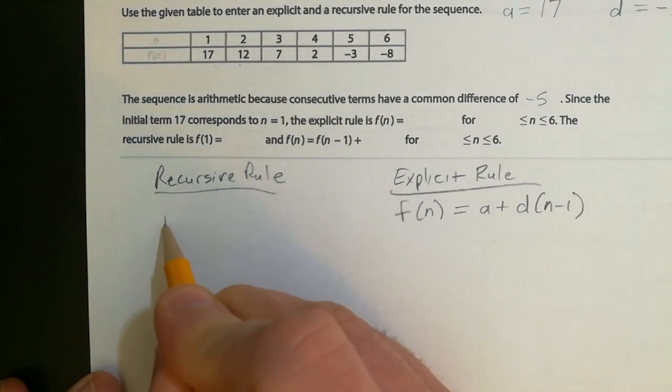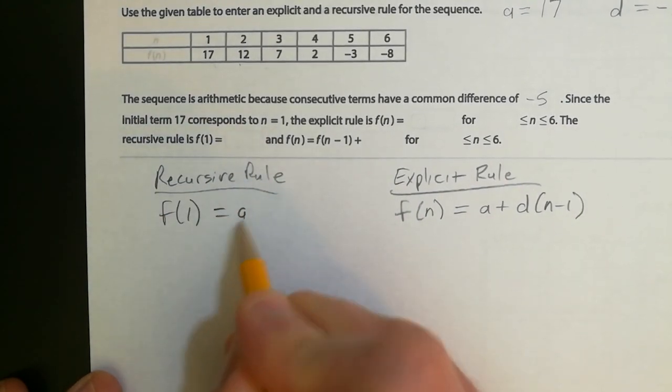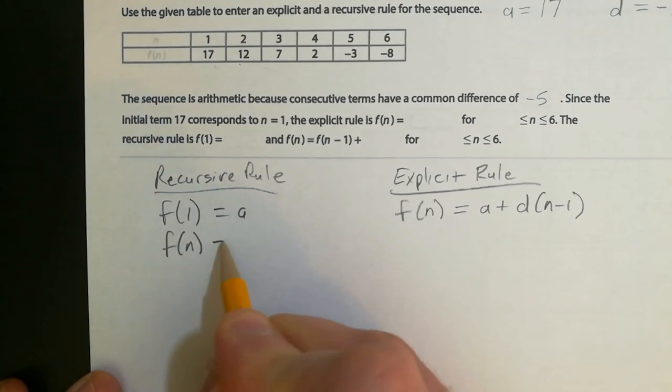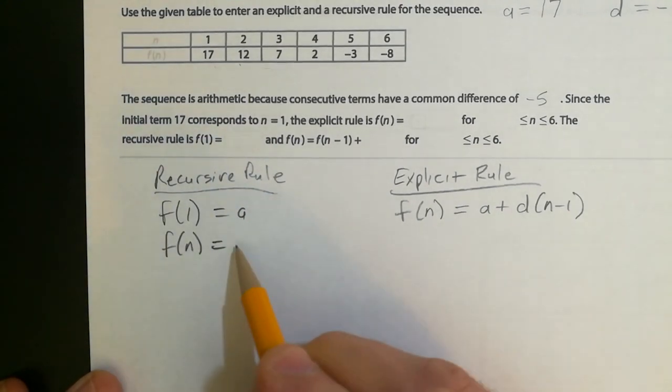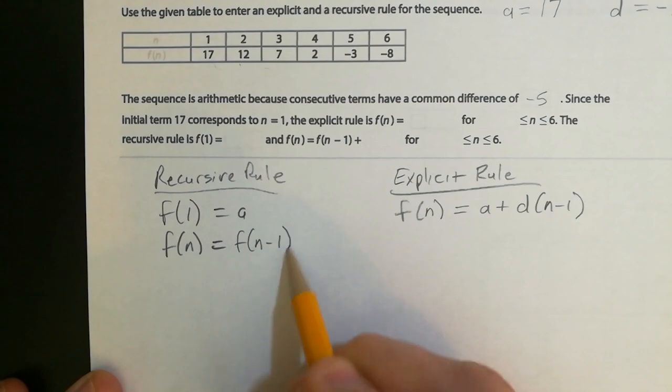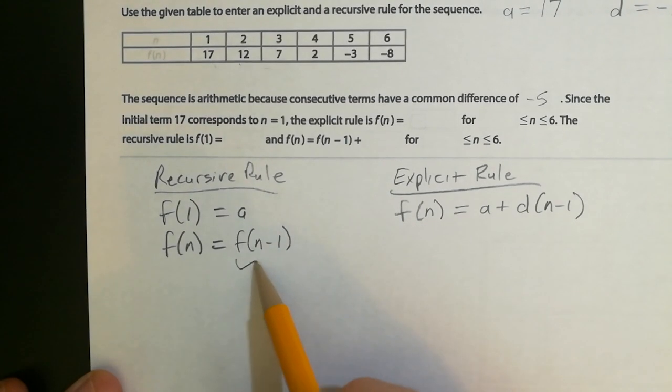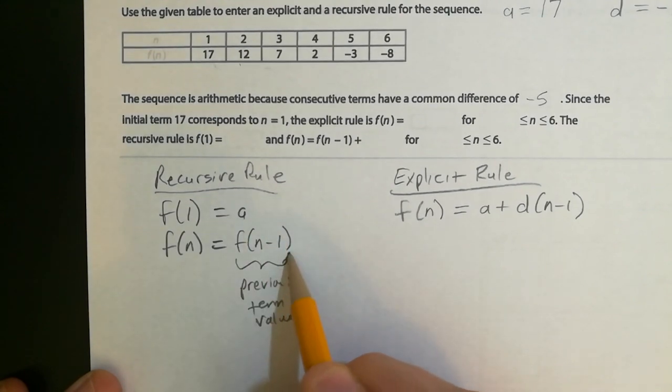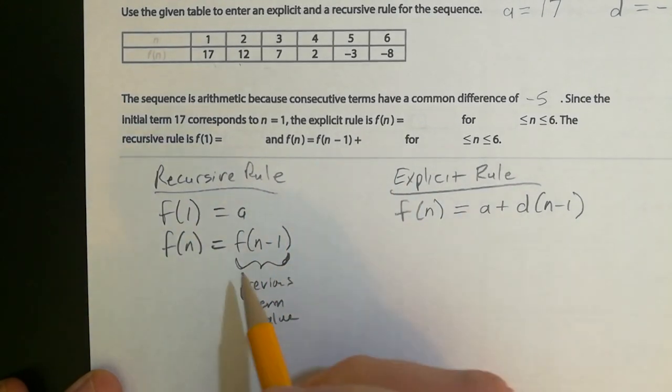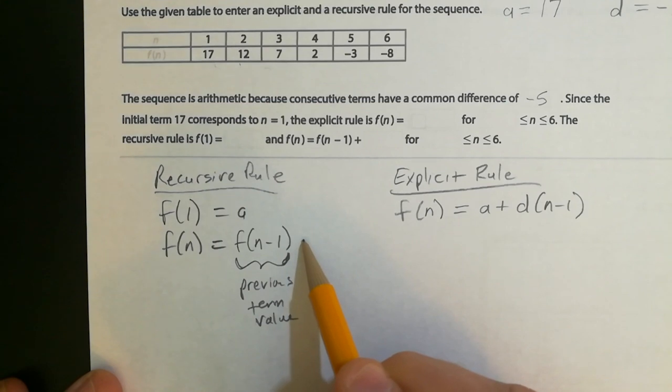That's going to be f of 1 equals a, and then f of n equals f of n minus 1, which represents the previous term value, the whole thing together. And then we have plus d.